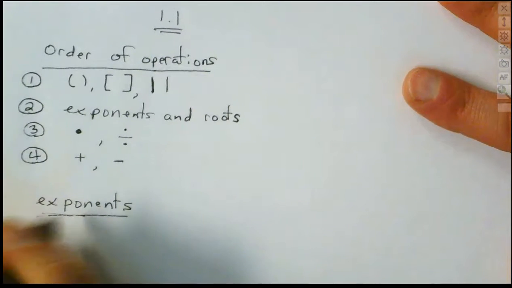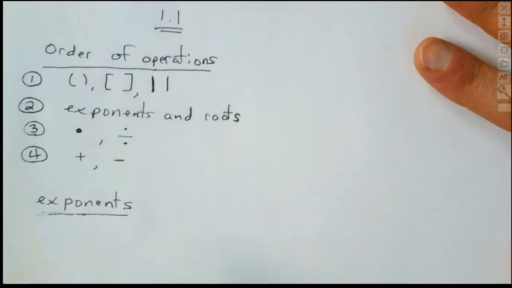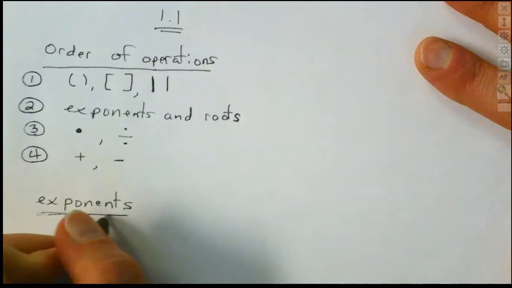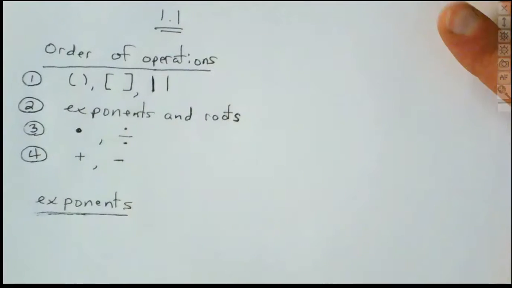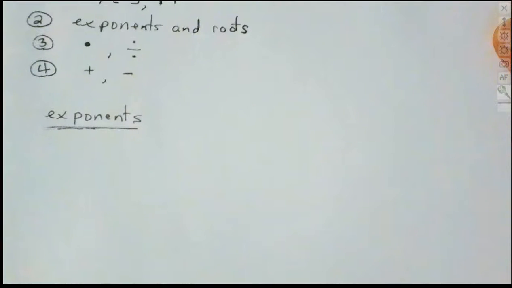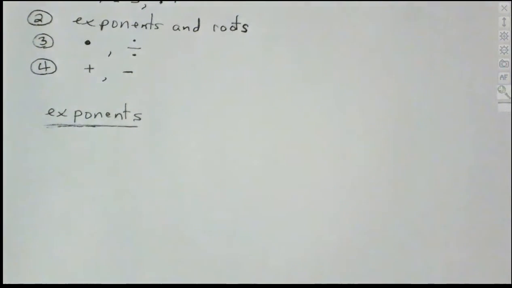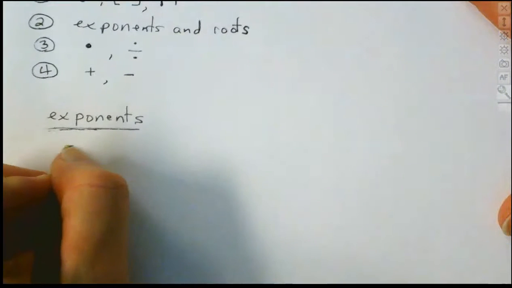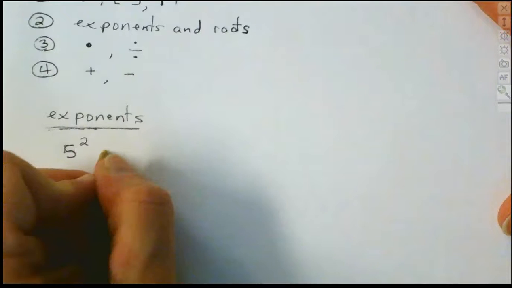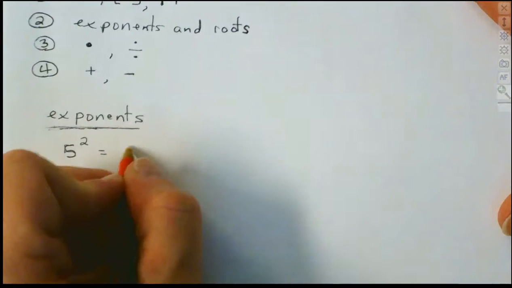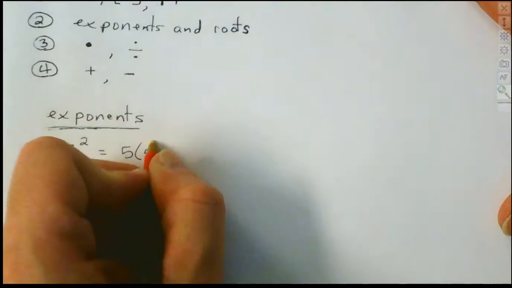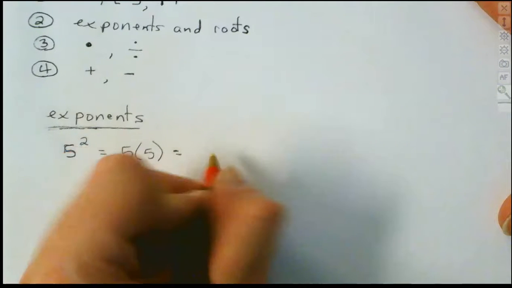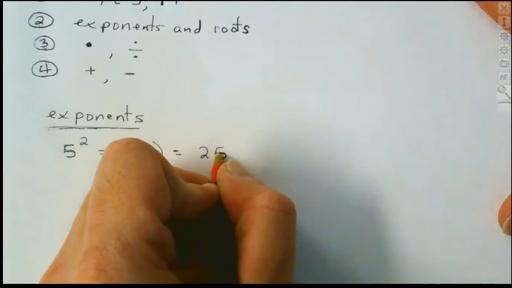So we're going to look now at our exponents here. And exponents are our powers. And let's just start off with one that we can work through. We'll start off with 5 squared. Now, 5 squared, as you know, is 5 times 5, which is 25.